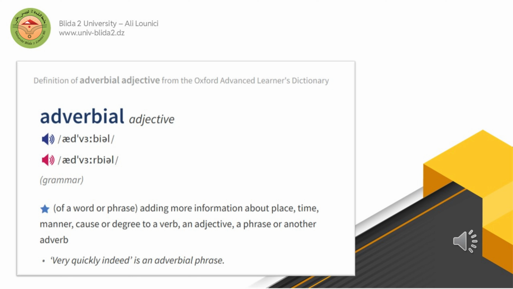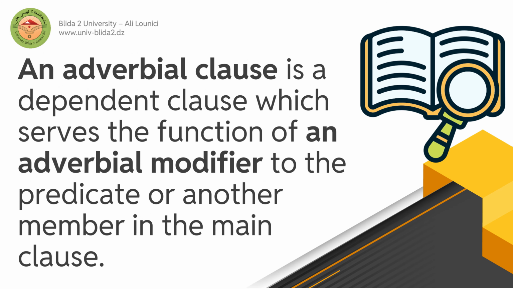For example, in the sentence, he left quickly, the word quickly is an adverb. It tells us how he left. Now, when we say adverbial, we are referring to anything, whether a word, phrase, or a whole clause, that serves that same function. So now, an adverbial clause is simply a group of words with a subject and a verb that does the same job as an adverb.